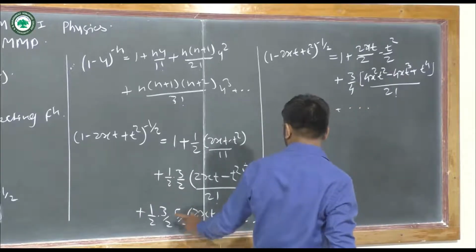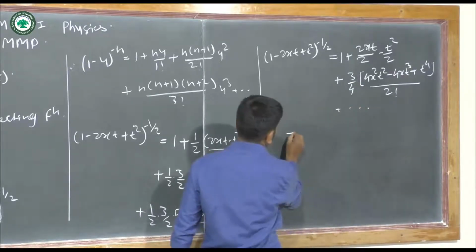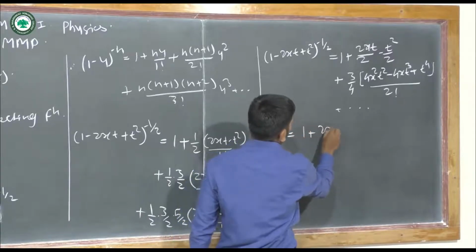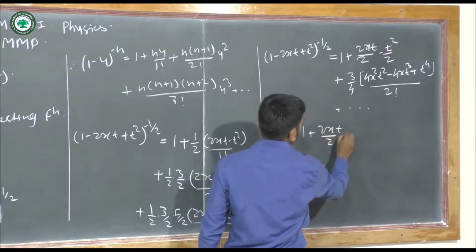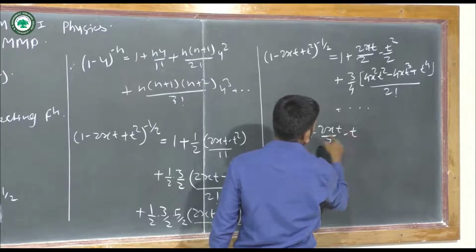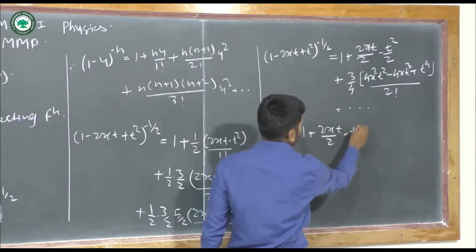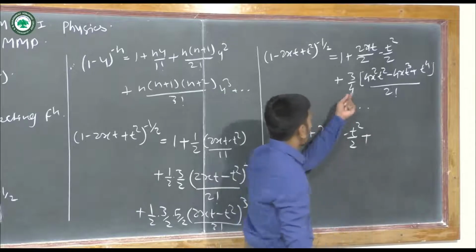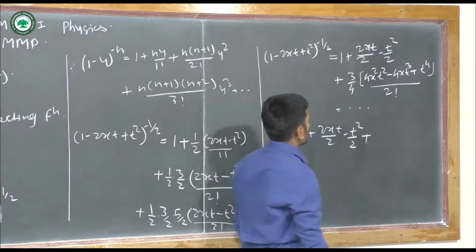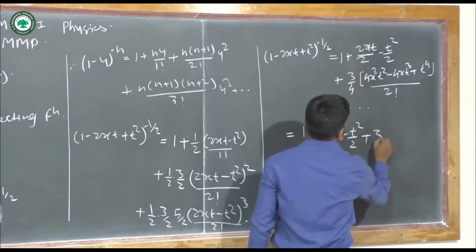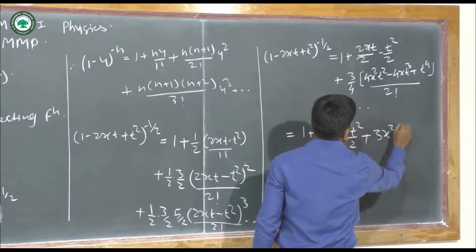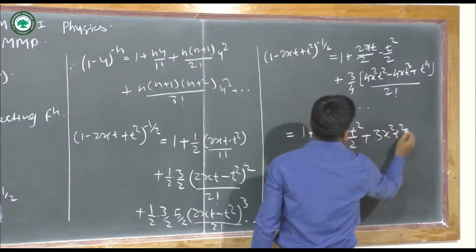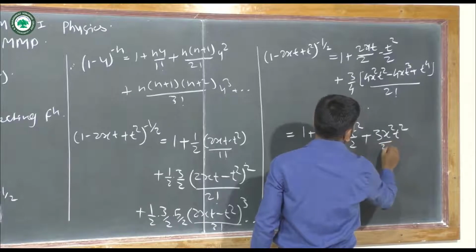I am not expanding the third one. So it is now 1 plus 2xt divided by 2 minus t square by 2 plus, if I multiply with 3 by 4, 3x square t square divided by 2 factorial.